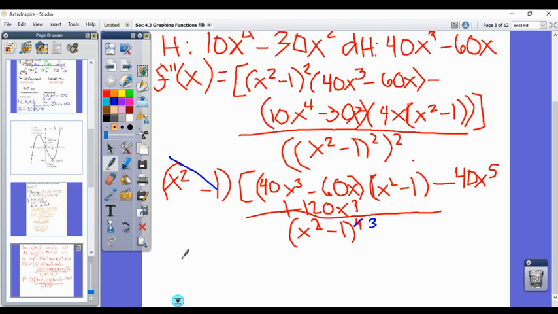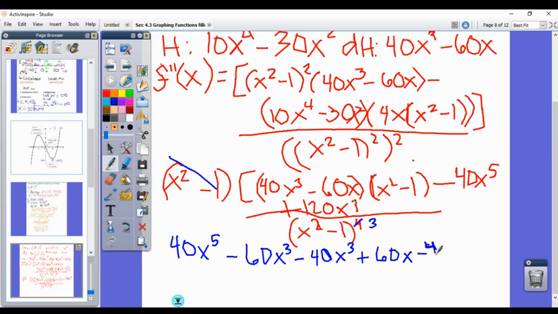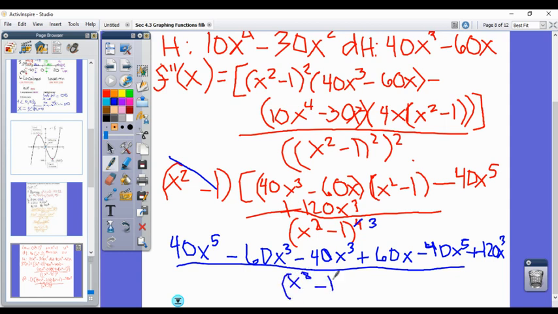Okay, so now I'm going to have 40x to the 5th minus 60x cubed minus 40x to the 3rd plus 60x minus 40x to the 5th plus 120x to the 3rd, all divided by (x squared minus 1) to the 3rd power.